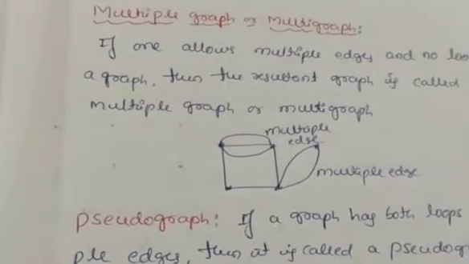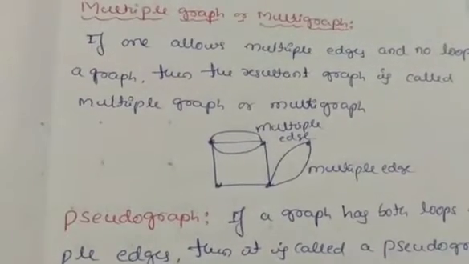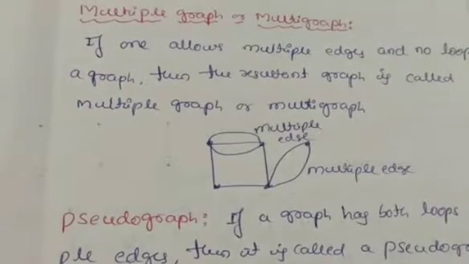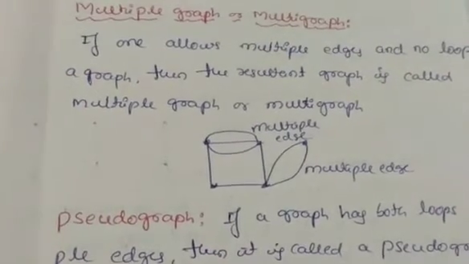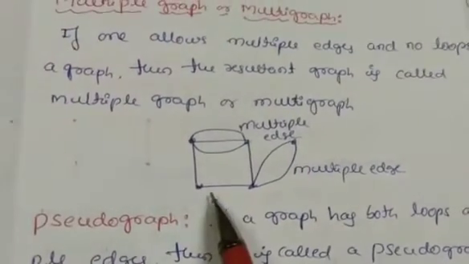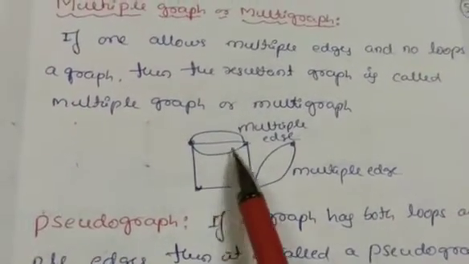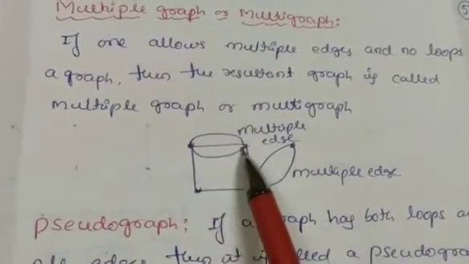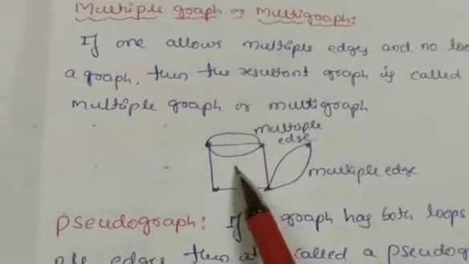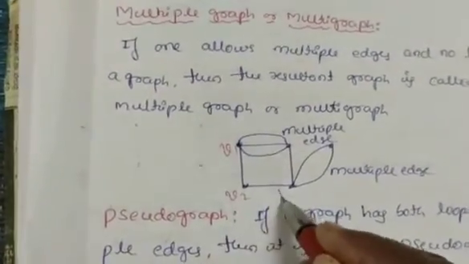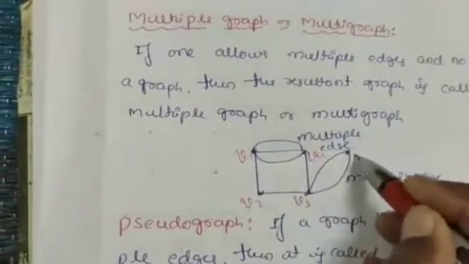Take one more definition: multiple graph or multi-graph. A multiple graph or multi-graph means a graph which has multiple edges. In this example, this graph has multiple edges because these two vertices are joined by three edges. For example, we can take v1, v2, v3, v4, v5.